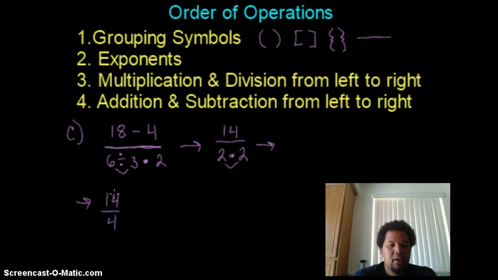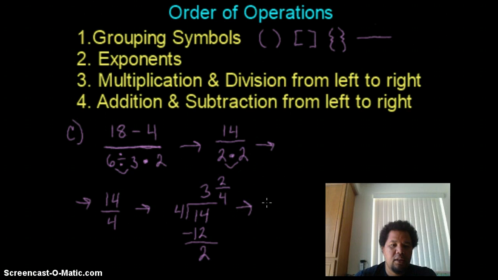This is an improper fraction, and the fraction bar means division, so we're going to divide 4 into 14. I'll do it in long division. 4 goes into 14 3 times. 3 times 4 is 12. 14 take away 12 is 2, and we have a remainder of 2, so we make that 2 our numerator in our fraction. 4 is our divisor, so that's our denominator.